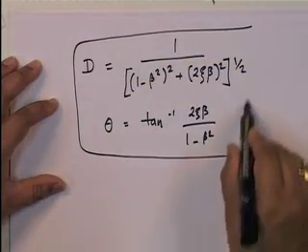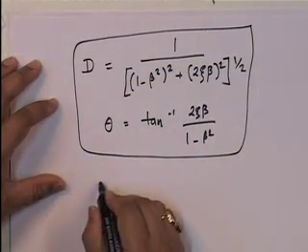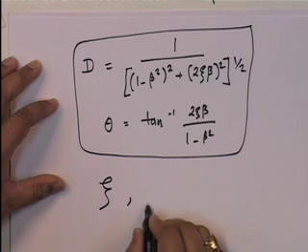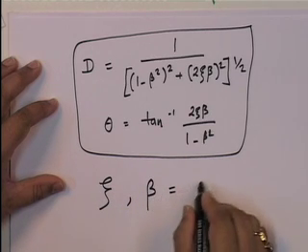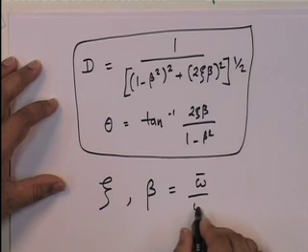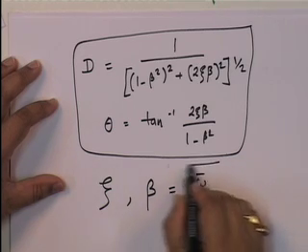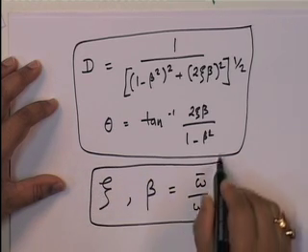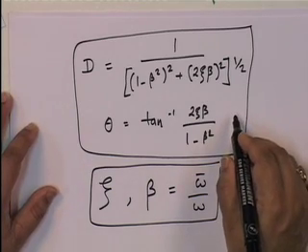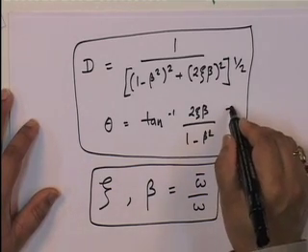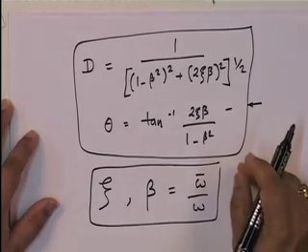What do these terms depend on? These terms depend on zeta and beta. Beta is nothing but the excitation frequency to the natural frequency. These are the only two terms that these two things depend on.